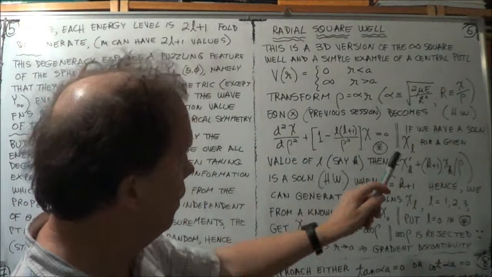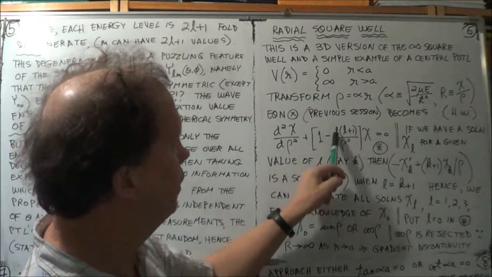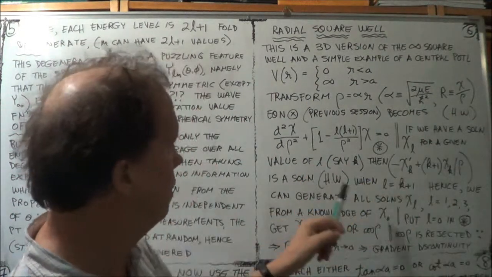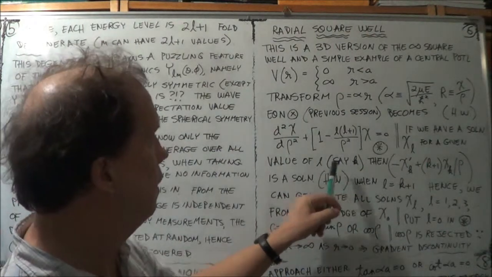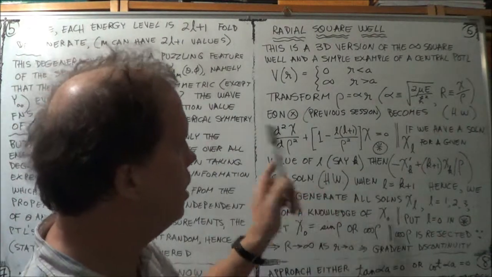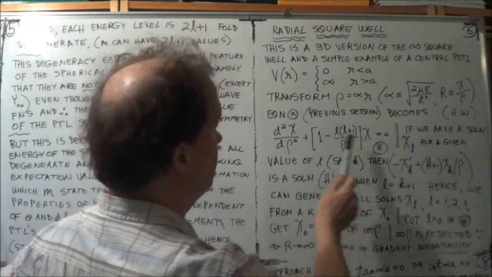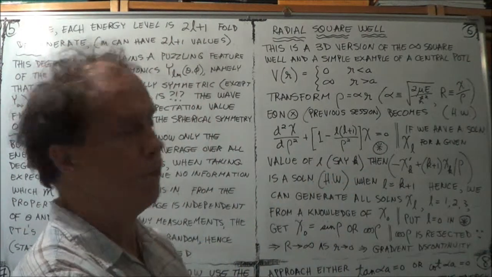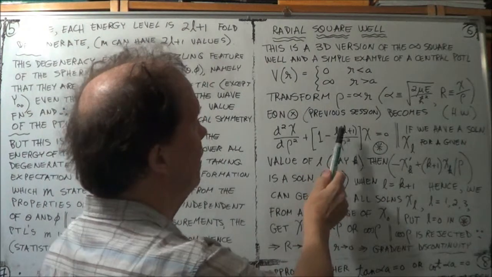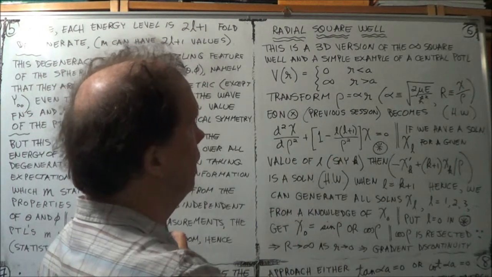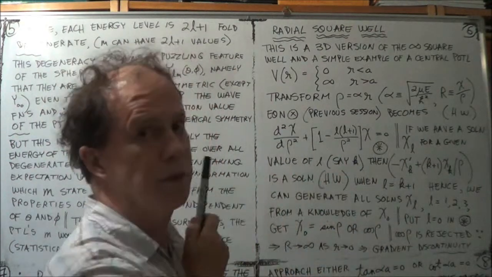Here it is. Assume that we have a solution, chi, to this equation for a given value of L. So let's say that value is k, for a given integer. Now, L is an integer. So let's say we know that chi of k is a solution to this equation for a given L. If your L is k here, then psi of k is a solution to this.